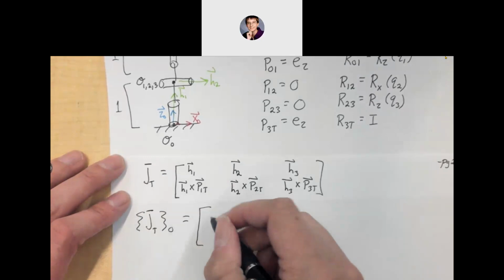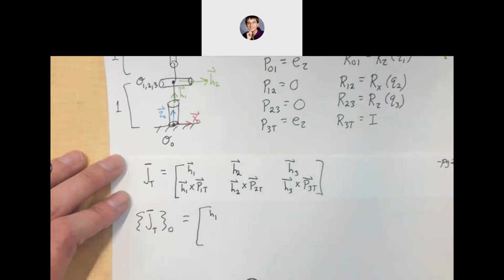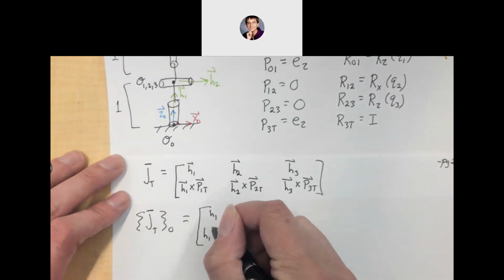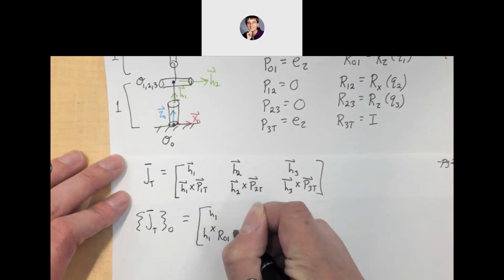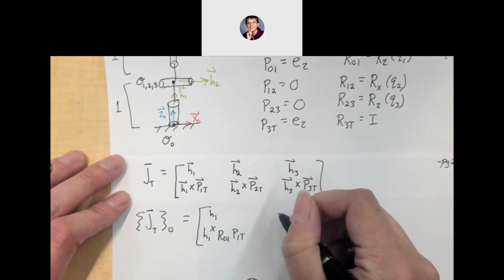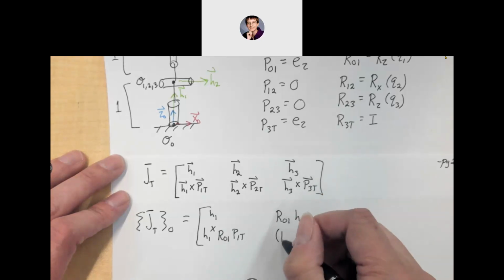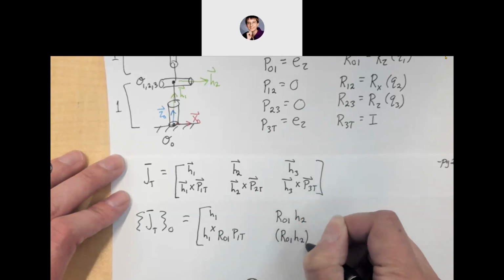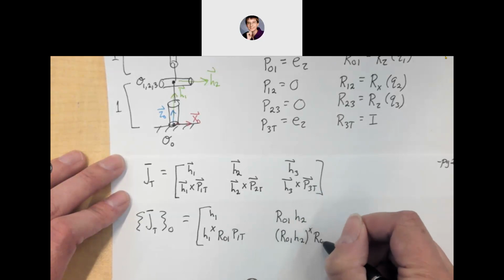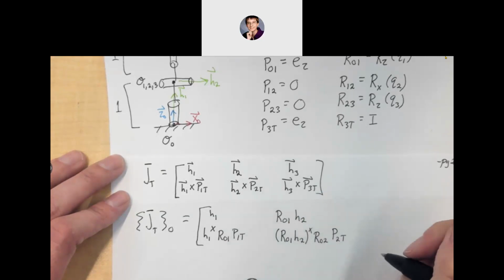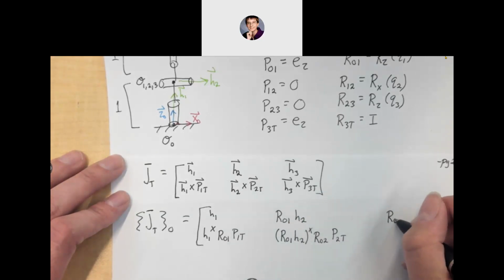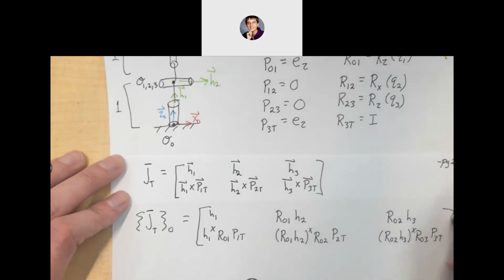So we represent H1 in the base frame, H1 cross RO1 P1T, RO1 H2, RO1 H2 cross RO2 P2T, and finally RO2 H3 P3T.